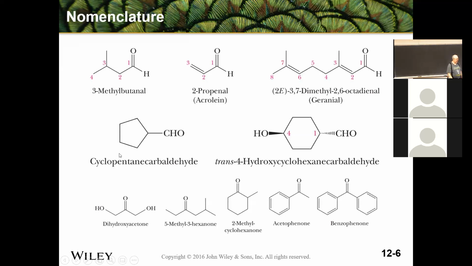Okay, here we have cyclopentane carbaldehyde. Okay, there is no such thing as cyclopentanal. Right, cyclopentanal would have the aldehyde as part of the ring, and that gives this carbon 5 bonds, so that's not possible.